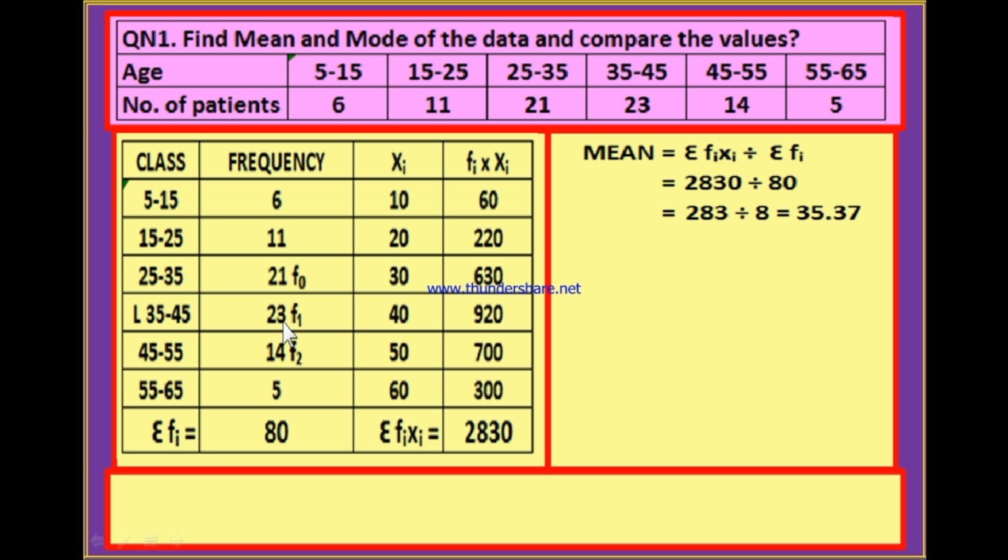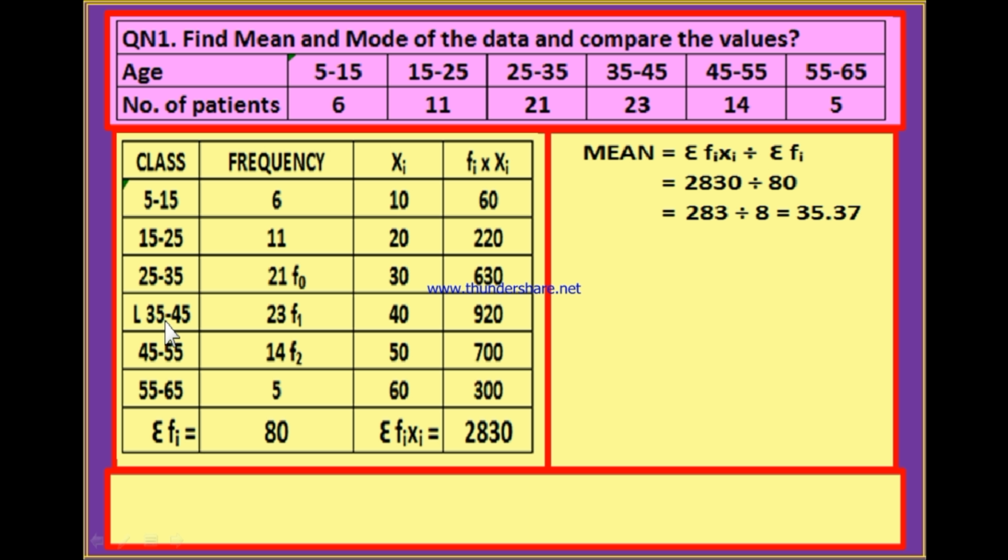Here the highest frequency is 23, and it lies in the 35 to 45 class. Therefore, this is called the modal class. After getting the modal class, L stands for the lower boundary of the modal class. What is the lower boundary? 35. Therefore, L is 35.